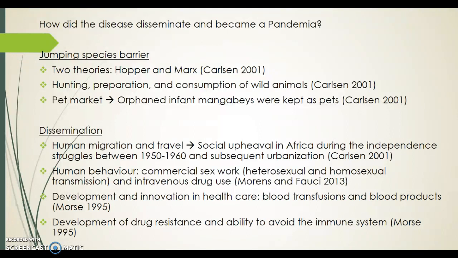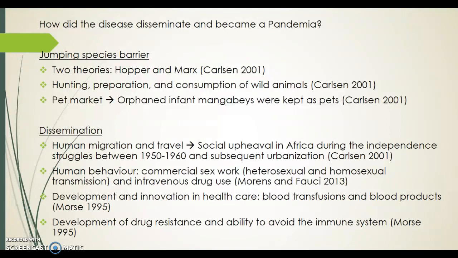Due to the social upheaval in Africa during the independence struggles between 1950 and 1960 and subsequent urbanization, roads were built through the rainforest and colonial travel prohibitions were lifted, and this enabled HIV carriers that had previously lived in isolated communities to migrate into the cities, where they spread the virus along trade routes in Africa. It was then spread regionally along highways, and then by long-distance routes, including air travel to more distant places.